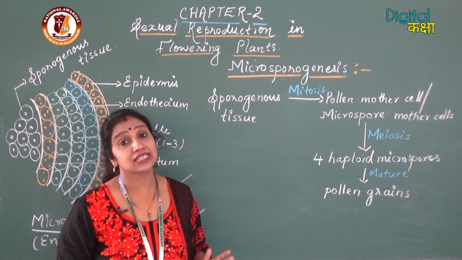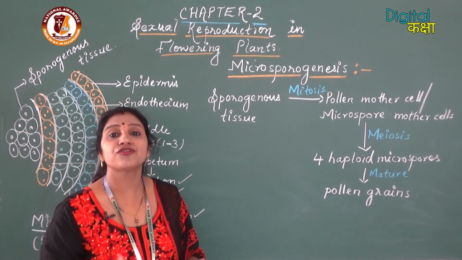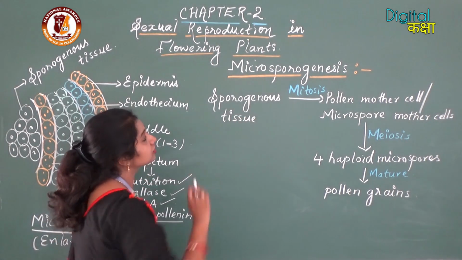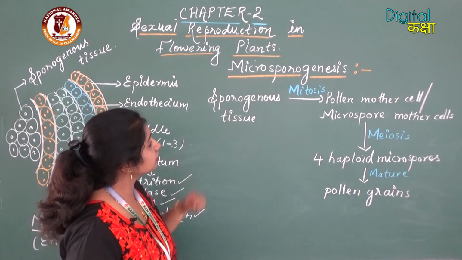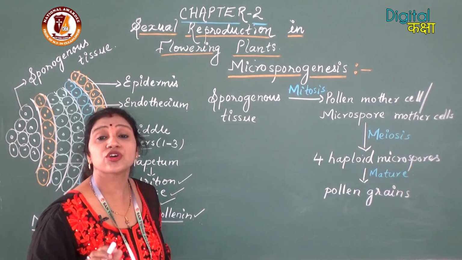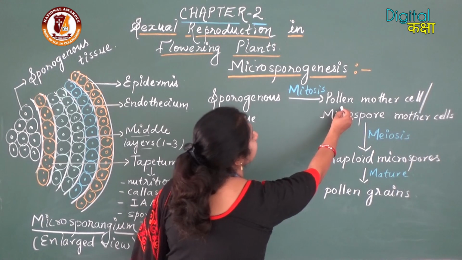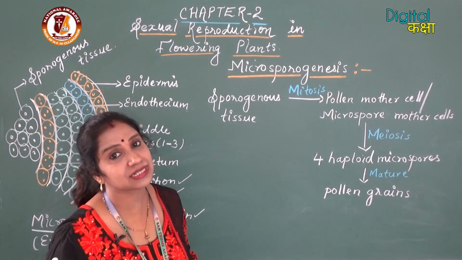As you know, the sporogenous tissue has the capacity to form the pollen grains. So, here you can see the cells of the sporogenous tissue. The cells of the sporogenous tissue will divide continuously by mitosis cell division, and form a number of pollen mother cells or microspore mother cells.